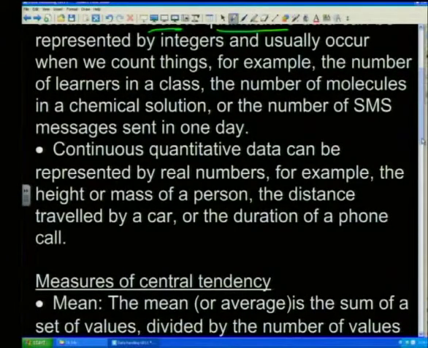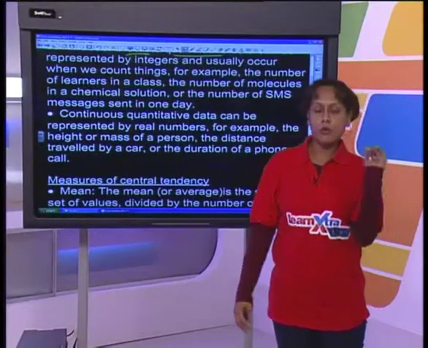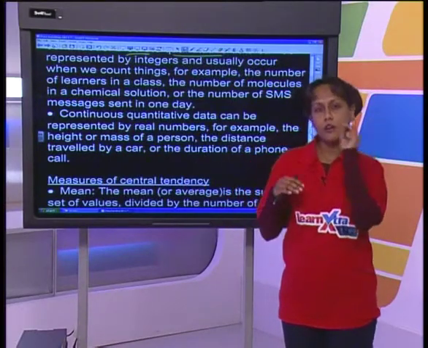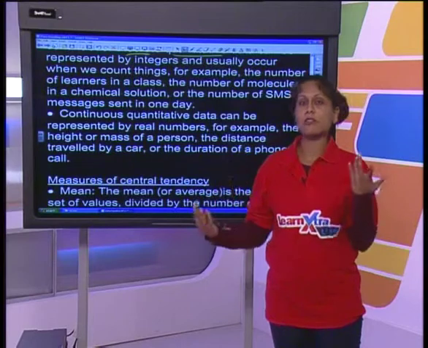Continuous quantitative data, and you also remember this being represented on a histogram, can be represented by real numbers. So for example, the height or mass of a person. If you think about height, you can get people that are exactly 1 meter tall, but with height, it's a continuous thing. You can have like 1,56 meters, someone who is that height.